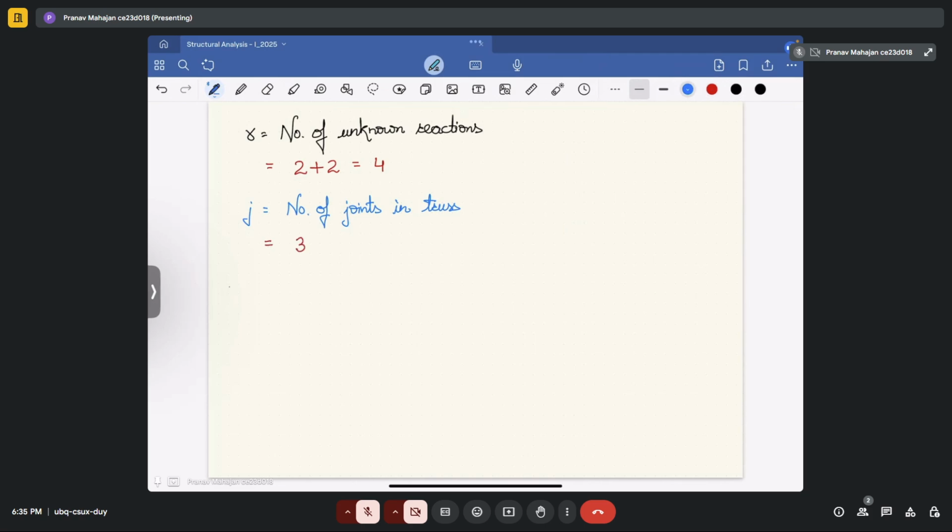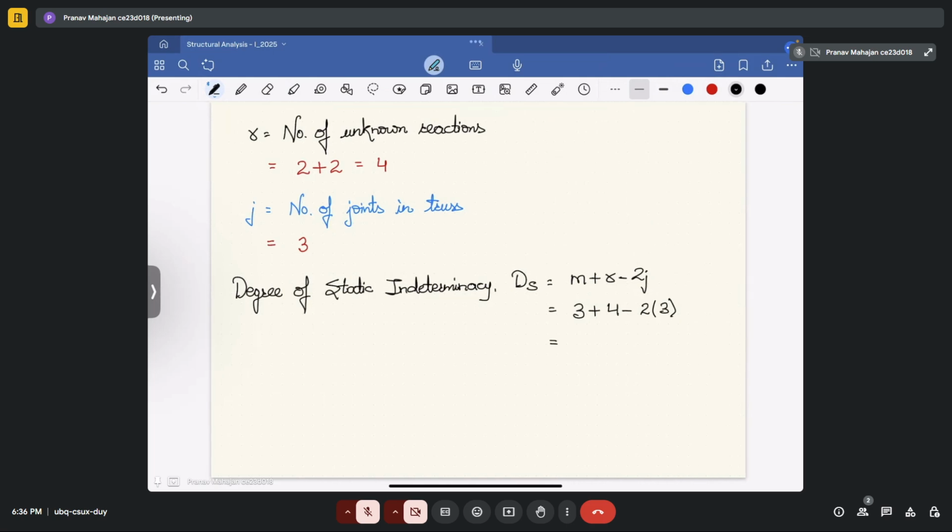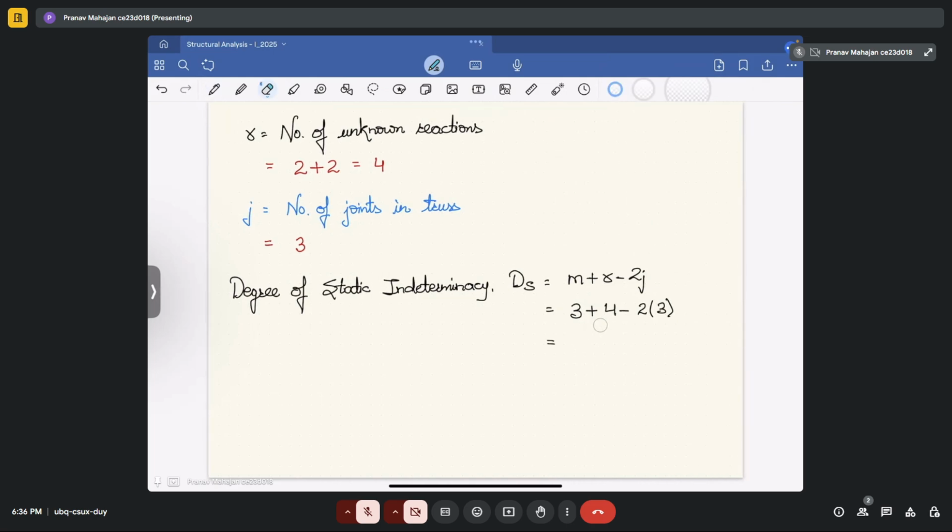Okay. Now if you find the degree of static indeterminacy, so your degree of static indeterminacy in this case will become equal to m plus r minus 2j, and that will become m is 3, 4 are reactions, minus 2 into j is 3, so that will become 4 and 3 7, and 3 into 2 6.